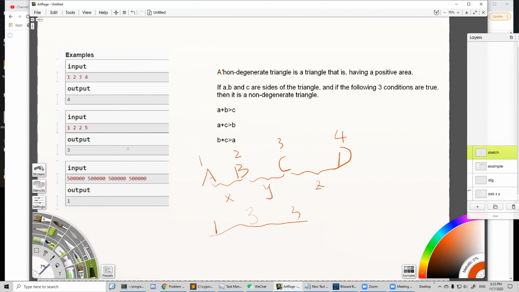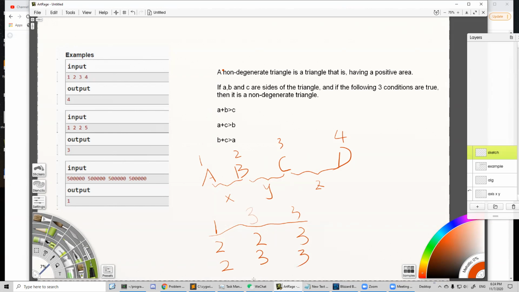Let's see if we can find any more triangles. We can use 2 as the first side, another 2 as the second side, and 3 as the third side, but that is not a valid triangle, right? And let's see if we can have more here. This is another one, right?